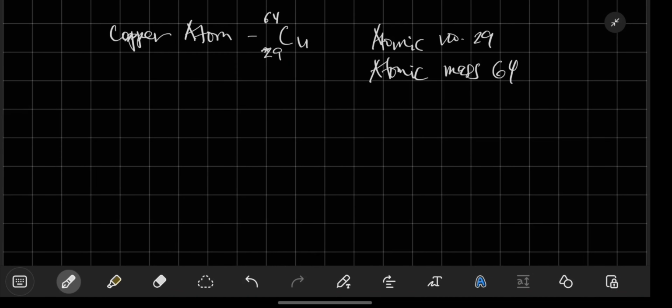In computing the number of electrons, the number of protons, or the number of neutrons in the certain atom, dito mo rin makikita sa atomic mass and atomic number. Well, let's say for example, you want to get the number of electrons present in this copper atom and the number of protons present in the copper atom.